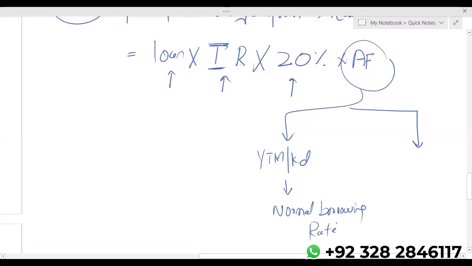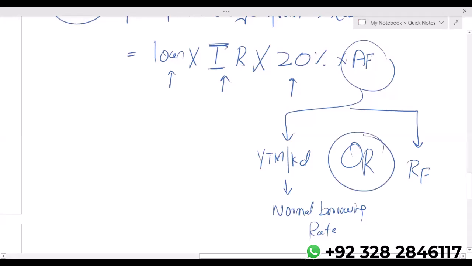So basically, for discounting of financing cash flows, YTM, KD, or you can say your normal borrowing rate, you can use as the annuity factor. Or you can even use the risk-free rate as the discount factor for the financing cash flows. Please look at what I've written.